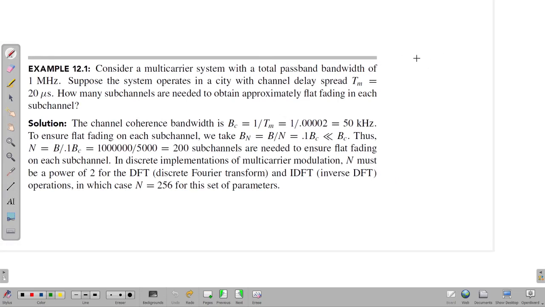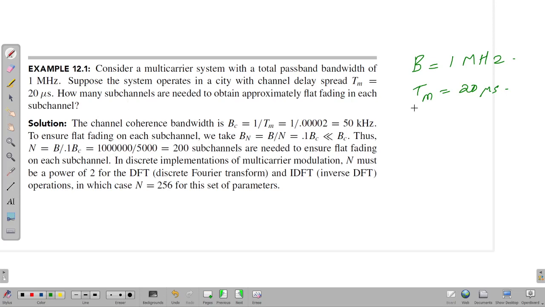The total passband bandwidth B is equal to 1 megahertz. Suppose the system operates in a city with channel delay spread 20 microseconds. How many subchannels are required to obtain approximately flat fading in each of the subchannels?